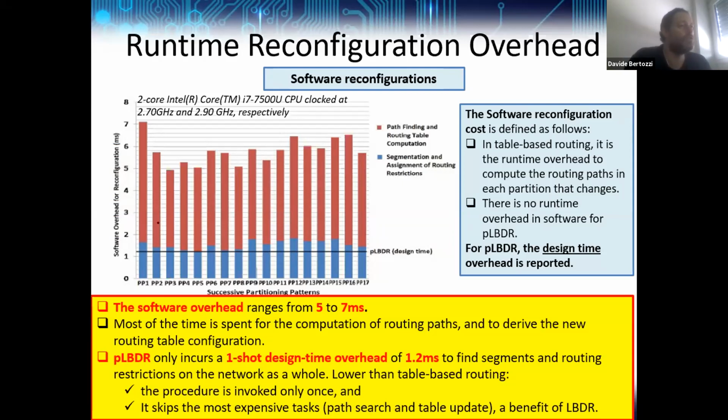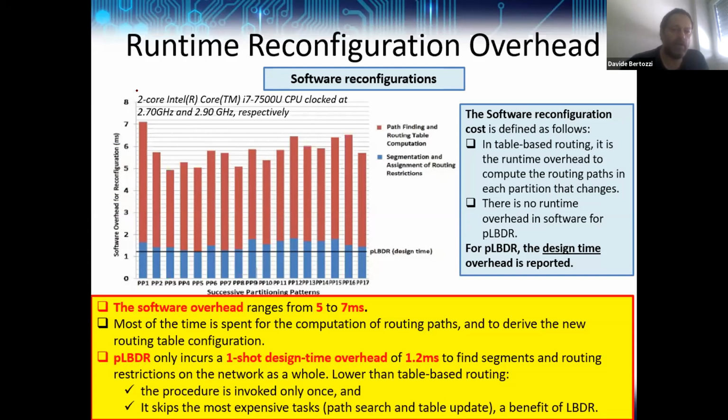And in case there are multiple routing paths between any source destination pair, it tries to select the routing path in such a way that the total link congestion is minimized. So you can see that there are some things that have to be performed in software and that enable the hardware configuration of the network.